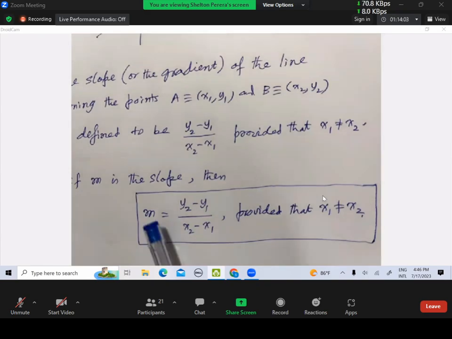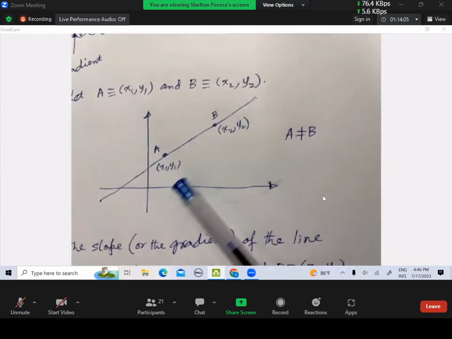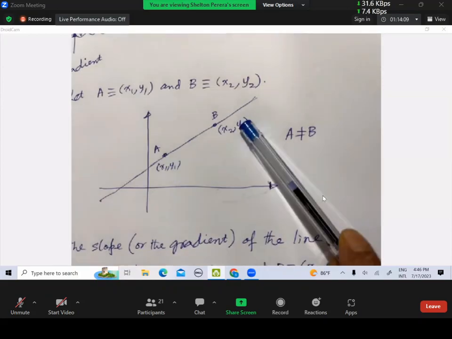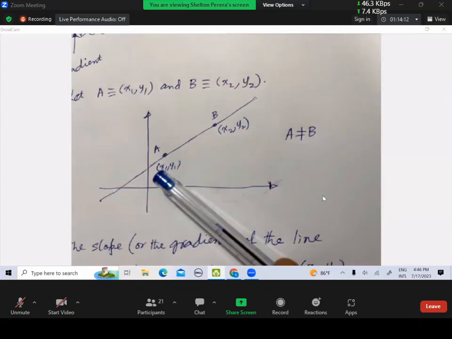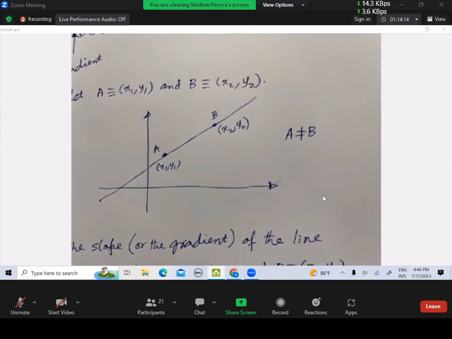It doesn't matter, it could be y1 minus y2, then the denominator should be x1 minus x2, because a over b is the same as minus a over minus b.